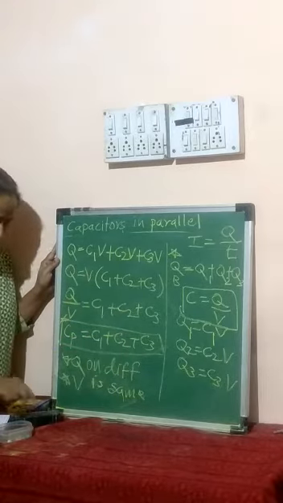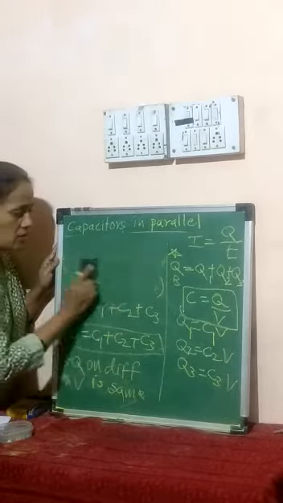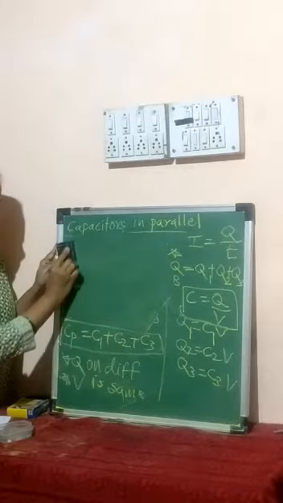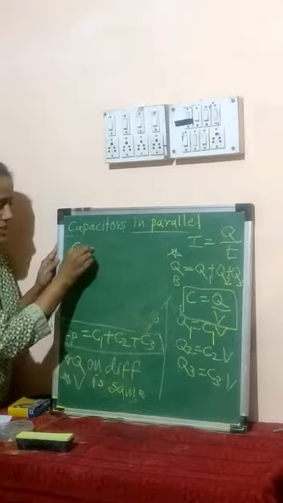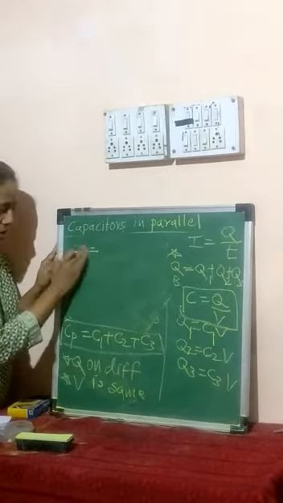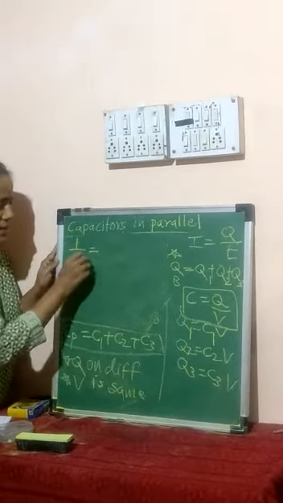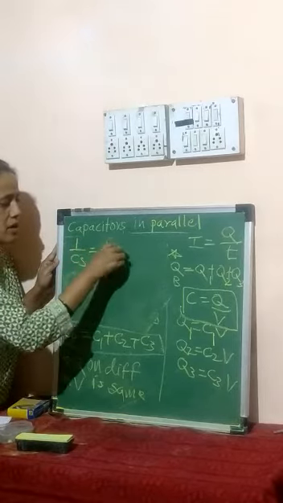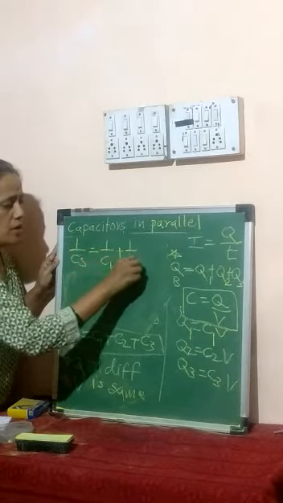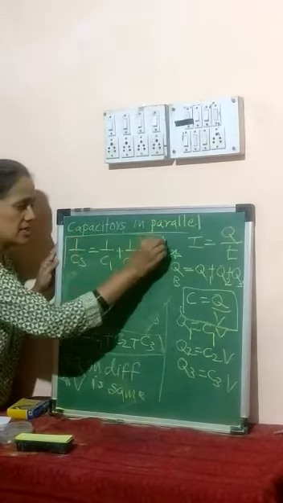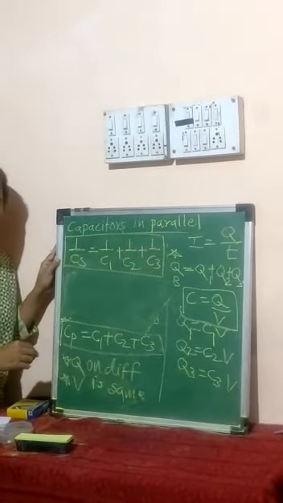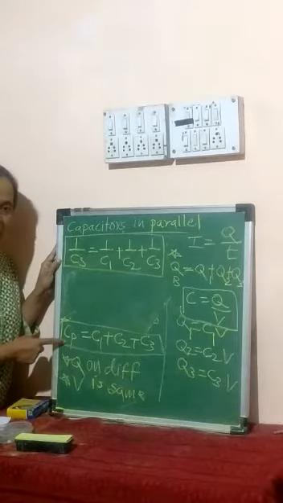Now, in the previous lecture we have seen the series combination. In the series combination, 1 upon Cs is equal to 1 upon C1 plus 1 upon C2 plus 1 upon C3. This is our equivalent capacitance in the series combination, and here we have the equivalent capacitance for the parallel combination.